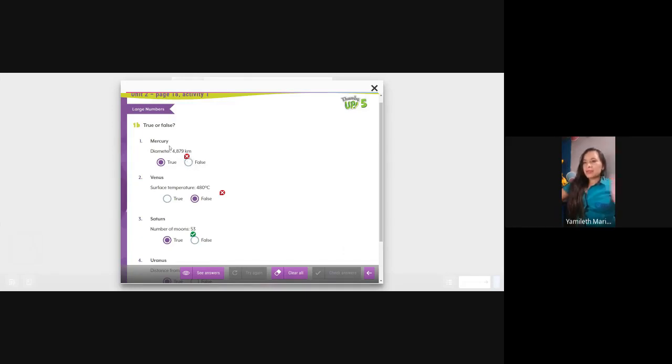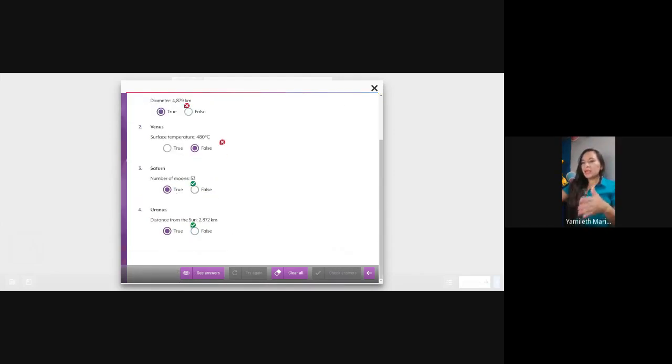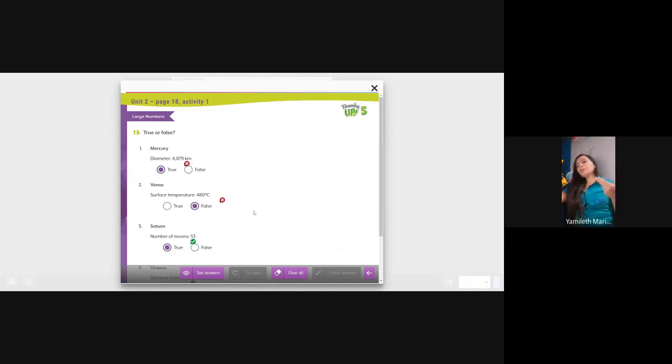Mercury, diameter 4,879 kilometers, that's true. Venus, surface temperature 480 degrees Celsius, that's true. Saturn, number of moons 53, this is true. And number 4, Uranus, distance from the sun, 2,872 kilometers.